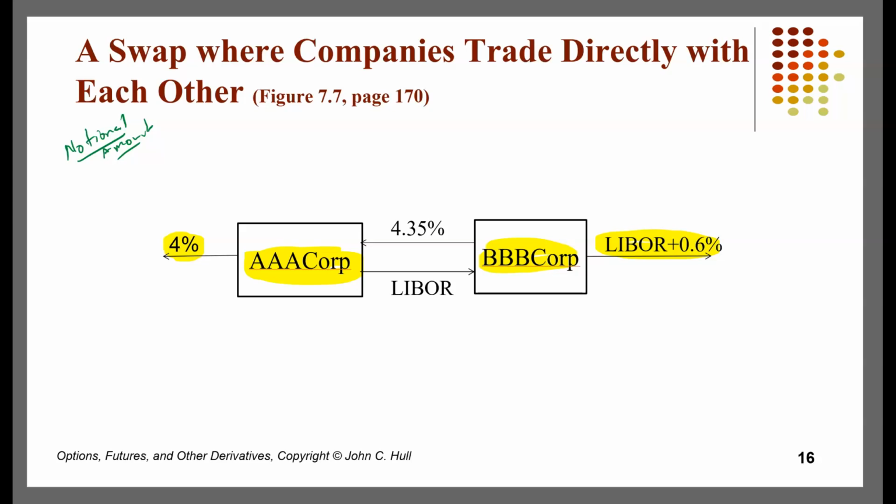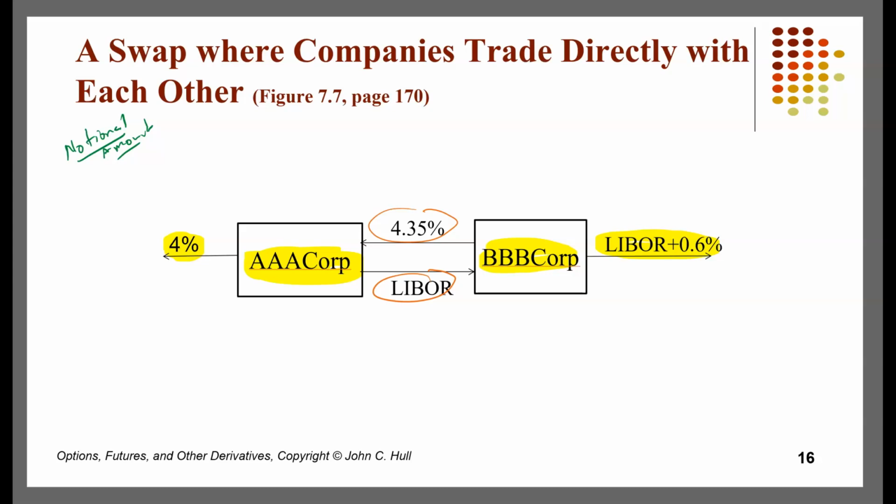For this swap, AAA is going to pay the LIBOR rate to BBB, remember AAA wants the floating rate, and BBB is going to pay the fixed rate of 4.35% to AAA. What is the net outcome? Let's look at the net outcome here.